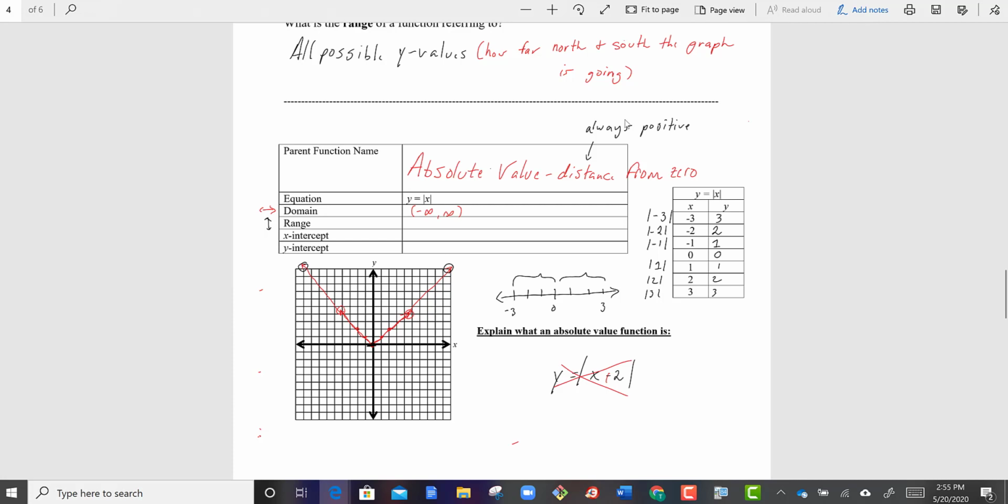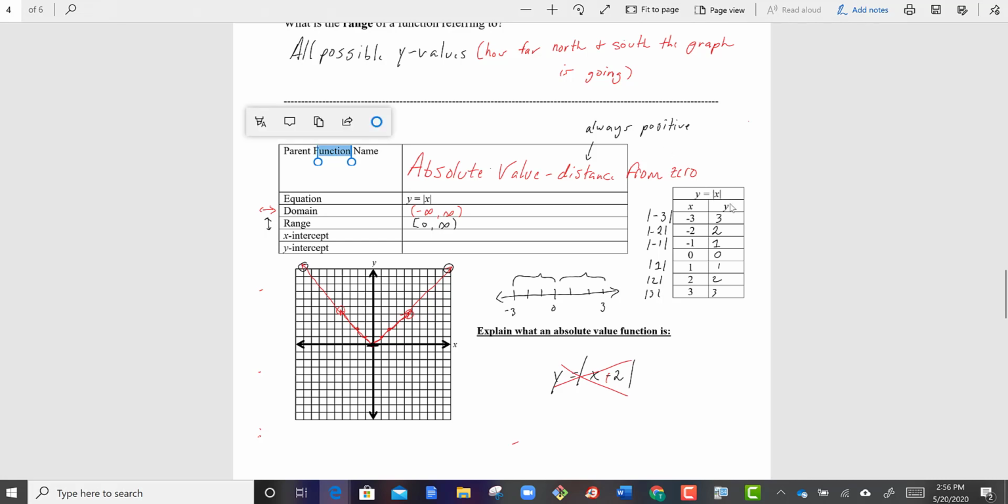It has a lowest y value, and the lowest y value is at 0. You'll notice we put a bracket around that number because we include that number in the range. And then it goes up forever from 0. We never put parentheses around infinity because you can't contain infinity.